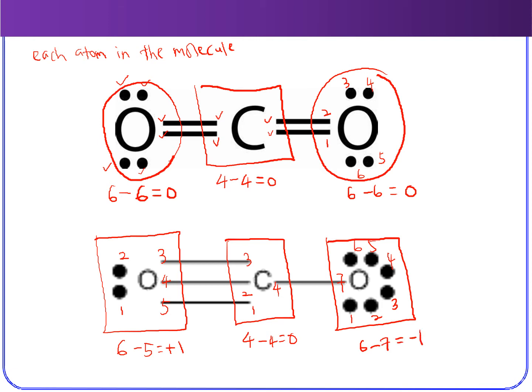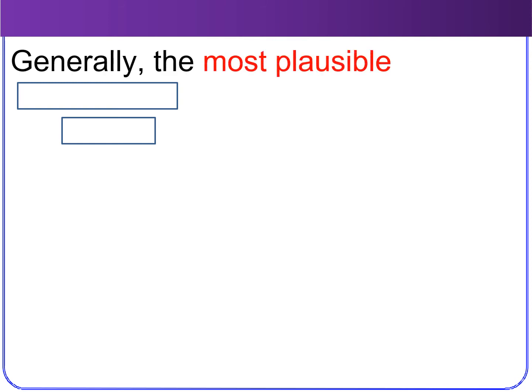Okay, after we calculate the formal charge for each atom, we need to decide which one is the most plausible Lewis structure. After calculating the formal charge for both Lewis structures that we drew, now we need to check which one is the most plausible. So what is the meaning of plausible in this case?